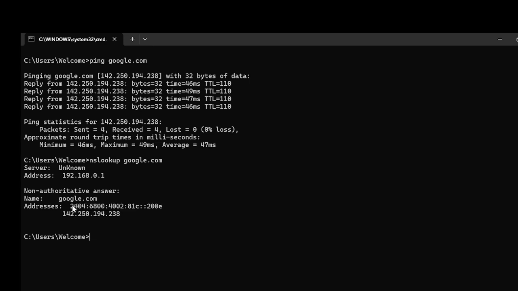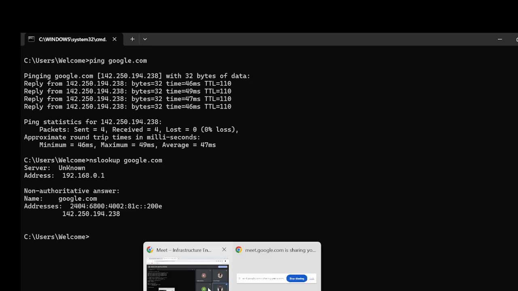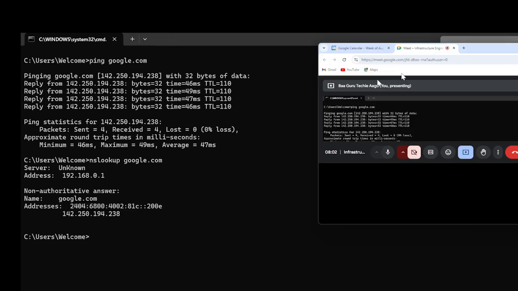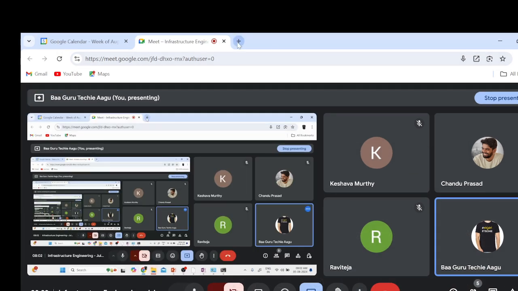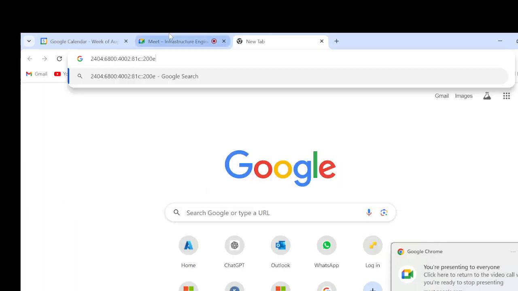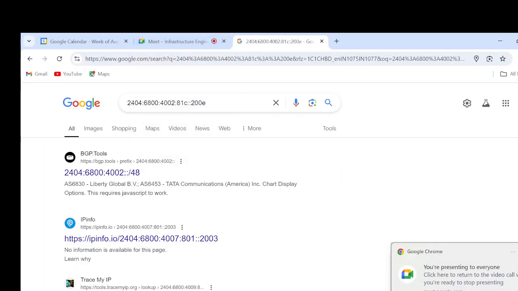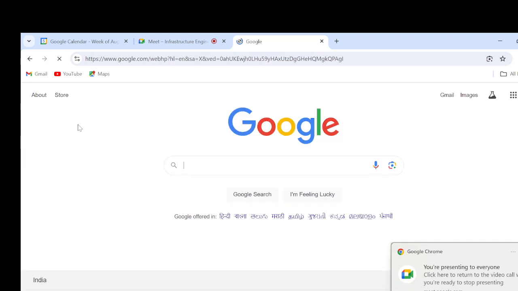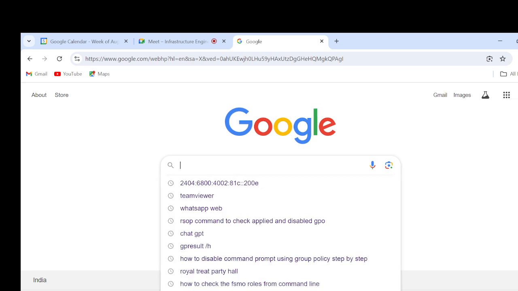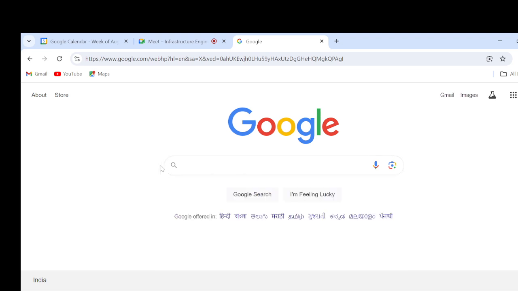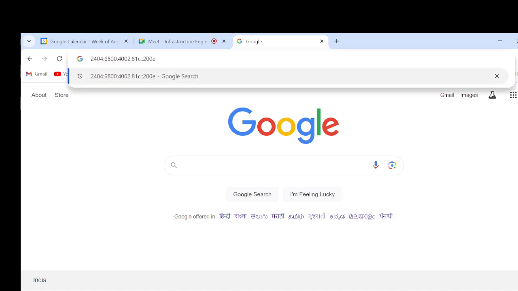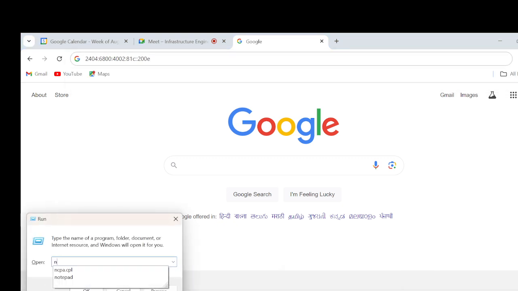If you take this IP address and go to the browser, you will see the Google. Sometimes it will mask the IP address. I think I have entered it wrong.